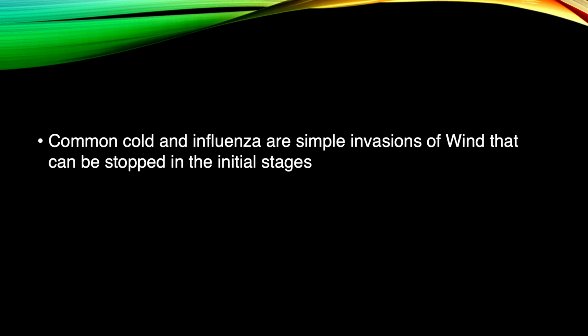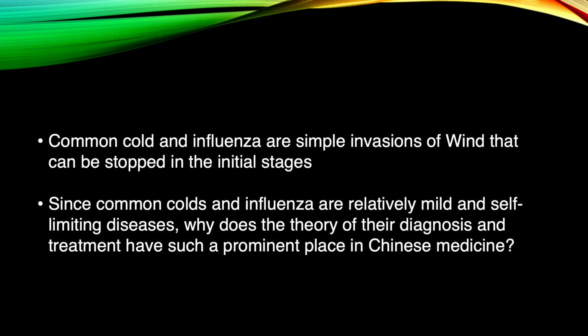Common cold and influenza are simple invasions of wind that can be stopped in the initial stages. Since common colds and influenza are relatively mild and self-limiting diseases, why does the theory of their diagnosis and treatment have such a prominent place in Chinese medicine?